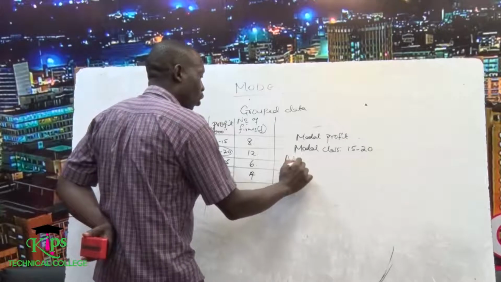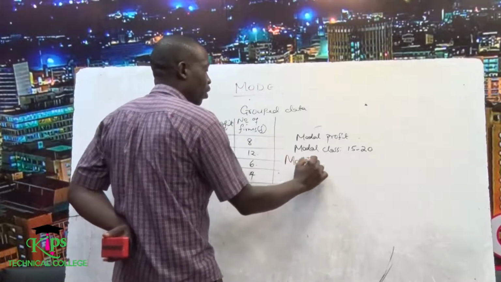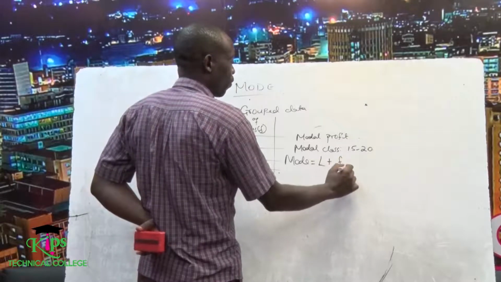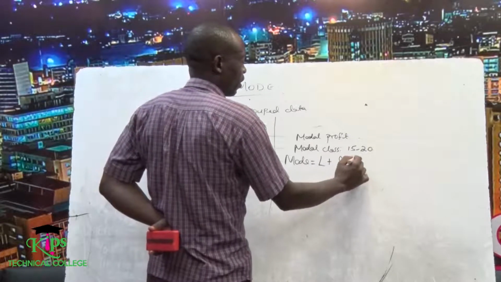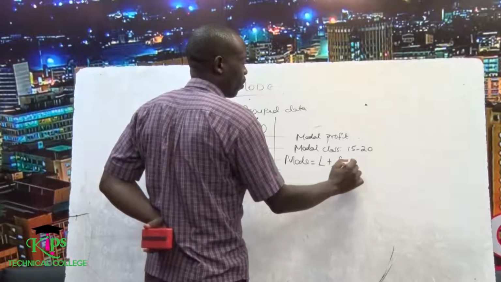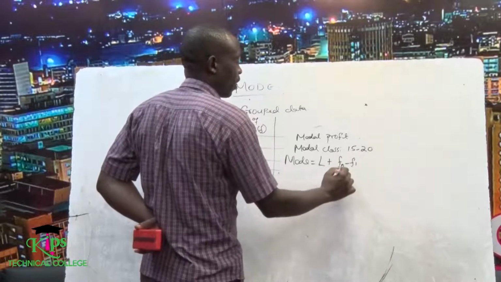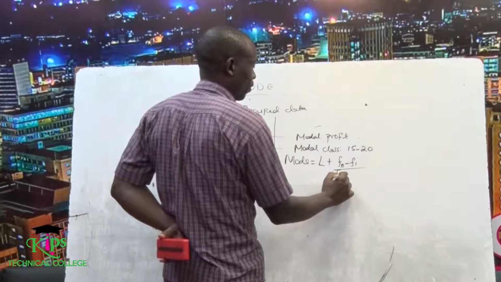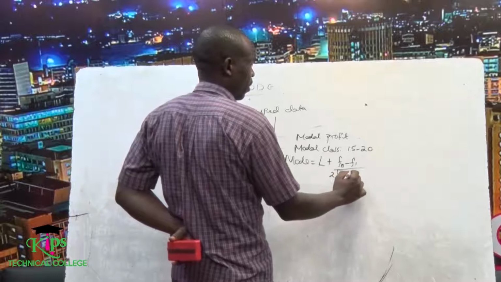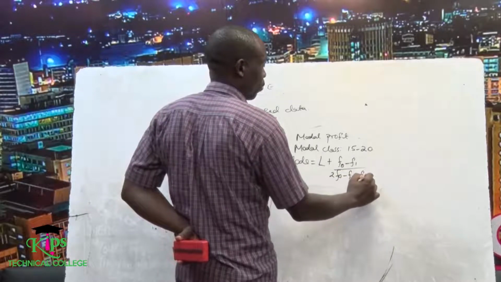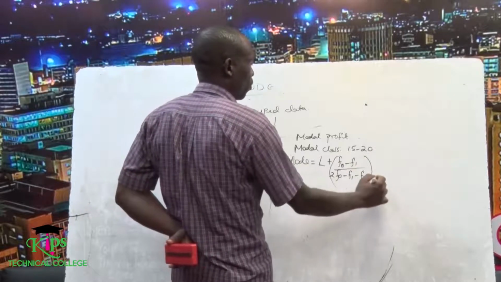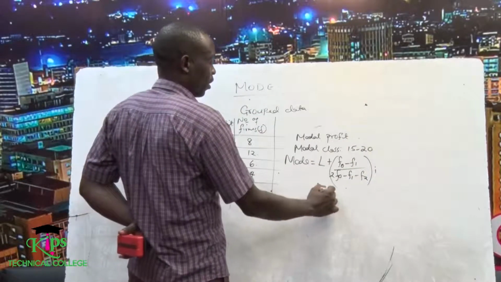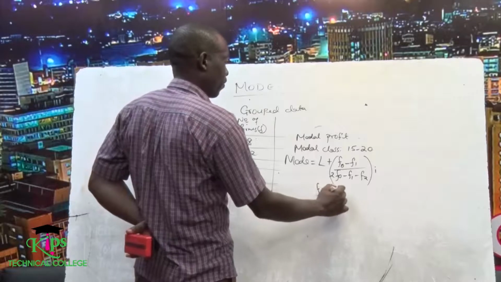The formula for the mode is given by L plus F1 minus F0 over twice F0 minus F1 minus F2, and then this part we multiply by i. F0 is the highest frequency.